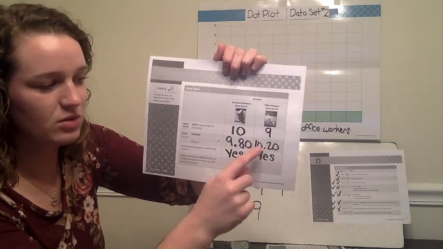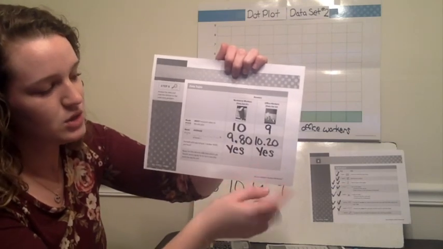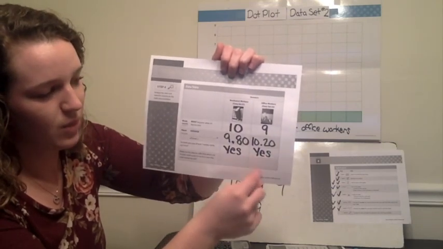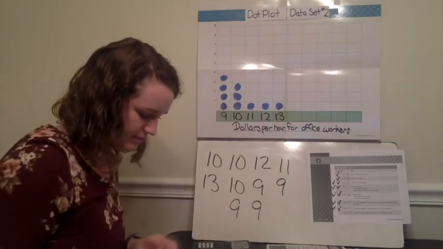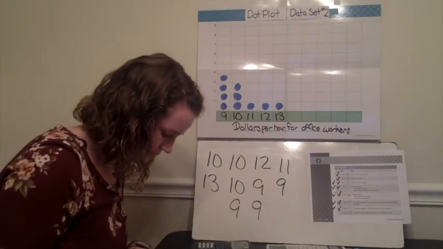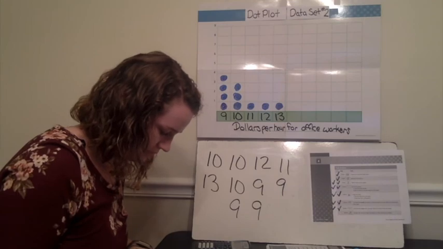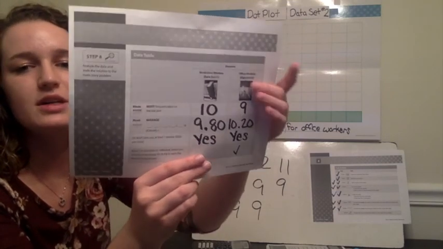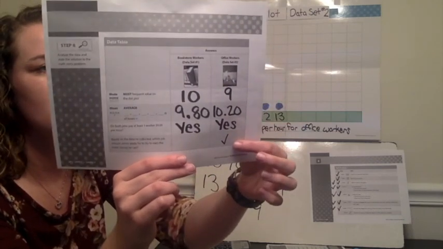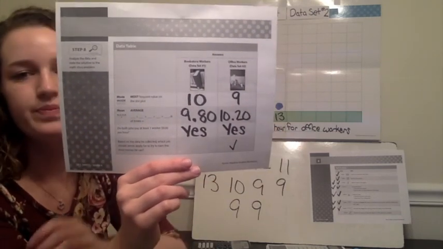Because $10 is more than $9. So we're going to put a check mark in the one that says $10.20. Okay, just like that. Just put a check in this one for data set 2.